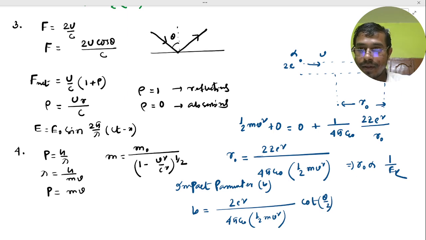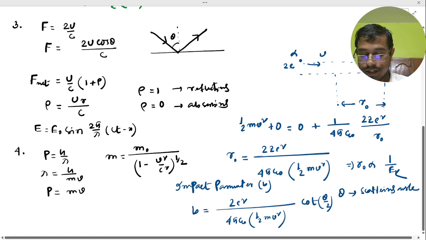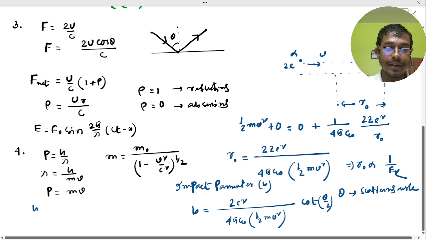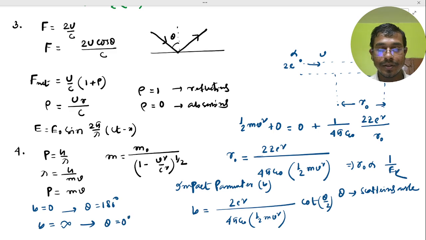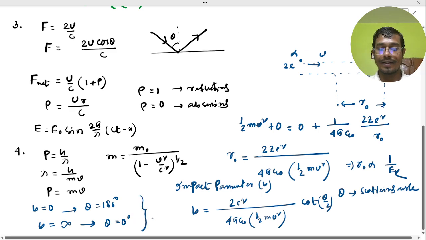Theta is the scattering angle of the scattered alpha particle along this cone. For impact parameter b equal to 0, theta would be 180 degrees, and for b equal to infinity, theta would be 0 degrees. This is the special case we discussed here for the impact parameter.